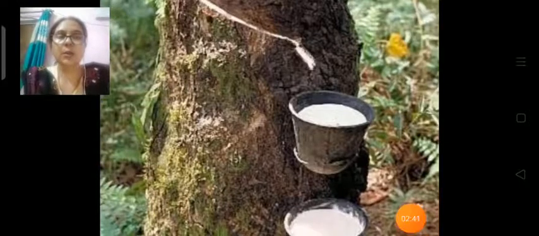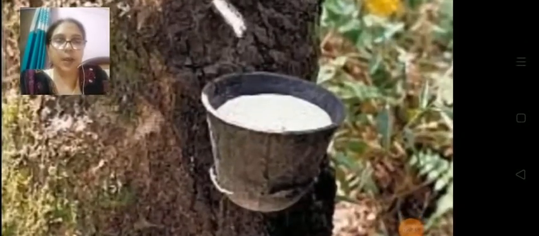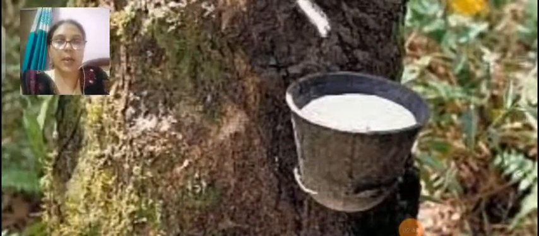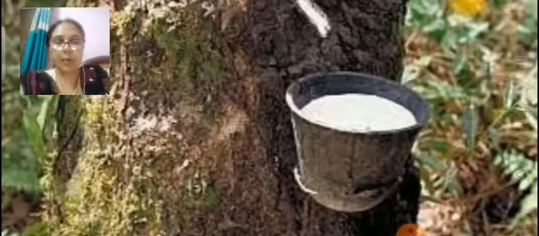Okay children, here you can see this is latex. Latex as found in nature is a milky fluid, found in 10% of all flowering plants. It is a complex emulsion consisting of proteins, alkaloids, starch, sugars, oil, tannins, resins and gums that coagulate on exposure to air.